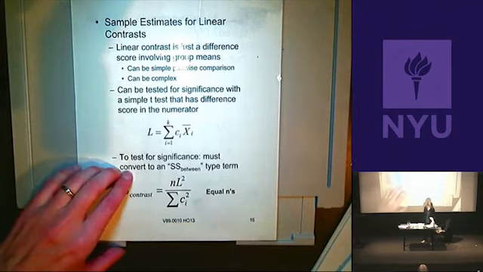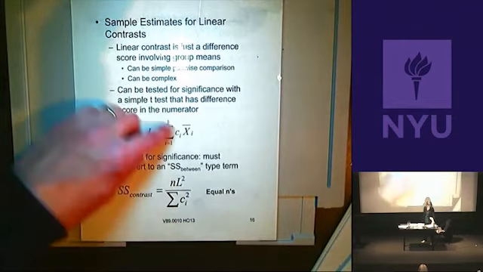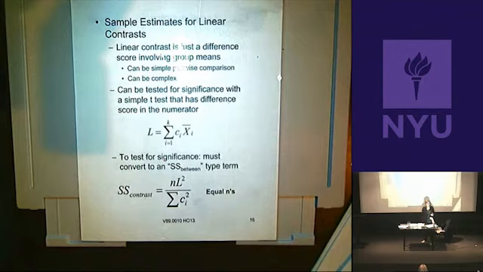To test for significance, we're going to take L and turn it into an SS contrast. Because if my ANOVA is MS between divided by MS within, I have to get to an MS between type thing. How do I get to an MS between type thing?